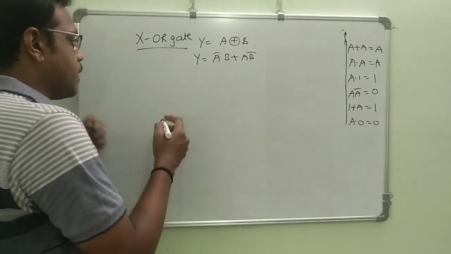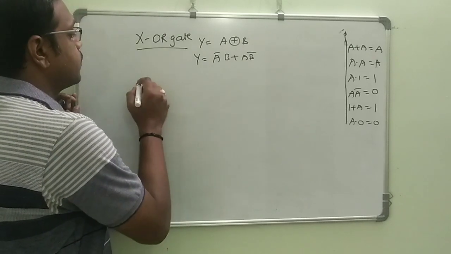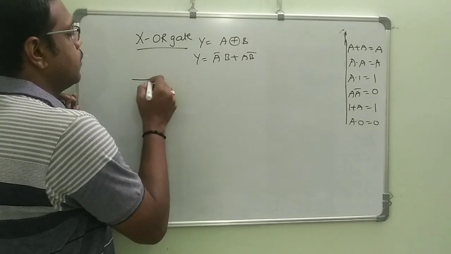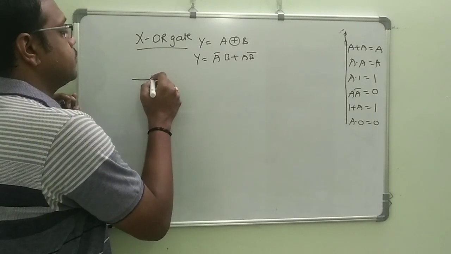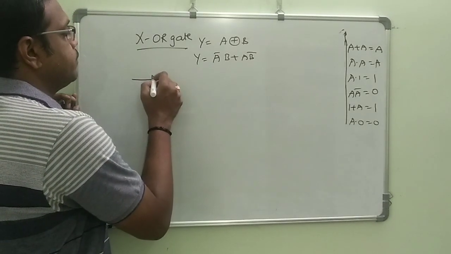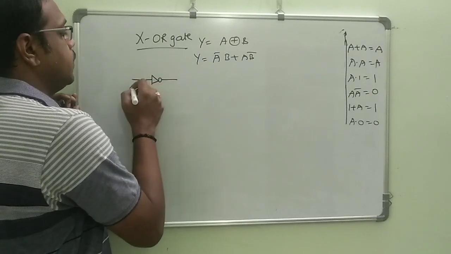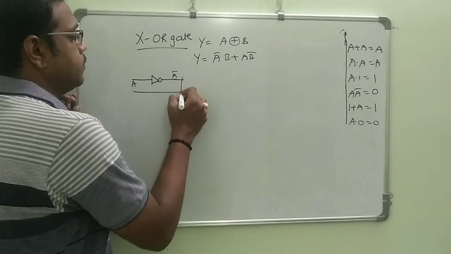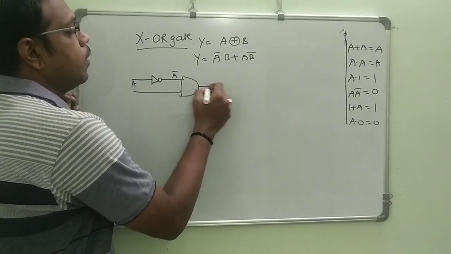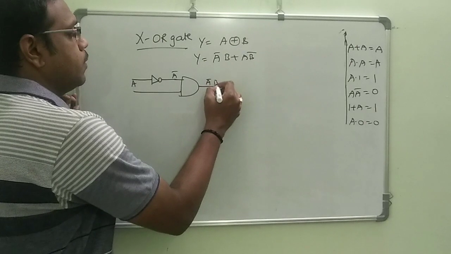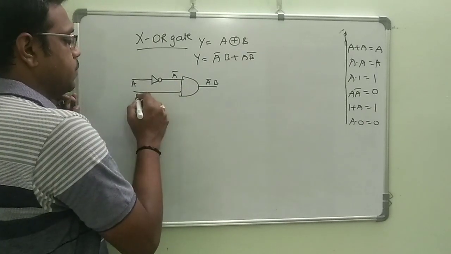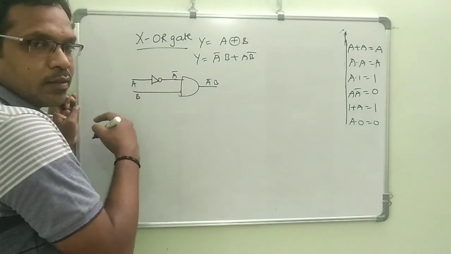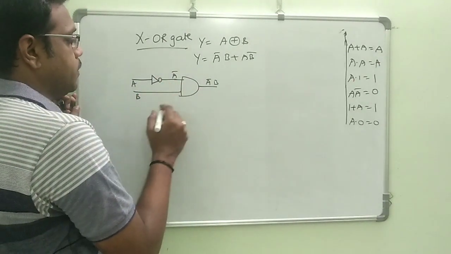And if you want to see the diagram for the XOR gate, we can get it like this. A bar B: just one AND gate, A bar and B, a product here. This is B, A bar, because of the opposite, and this is B, and you will get it like this.